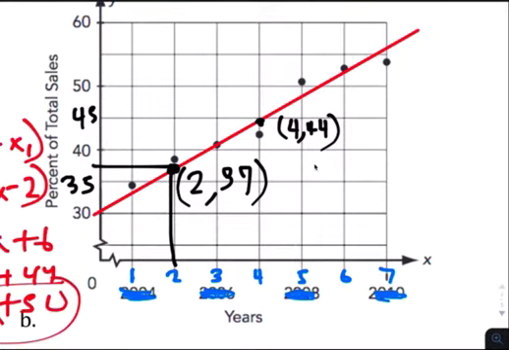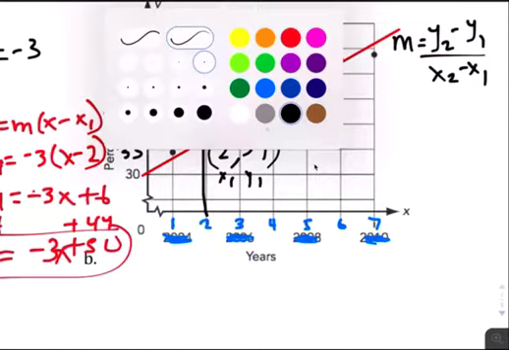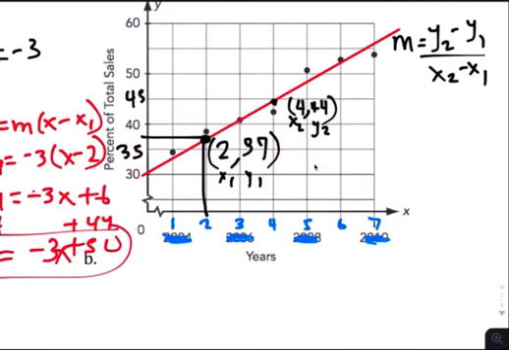You find your slope. M equals y sub 2 minus y sub 1 over x sub 2 minus x sub 1. Now y sub 2 is 44 minus 37. That is 7 over 4 minus 2, which is 2. Your slope is 7 over 2.